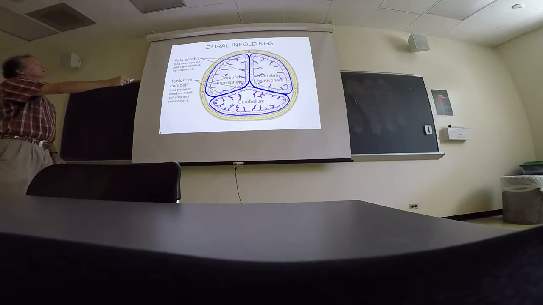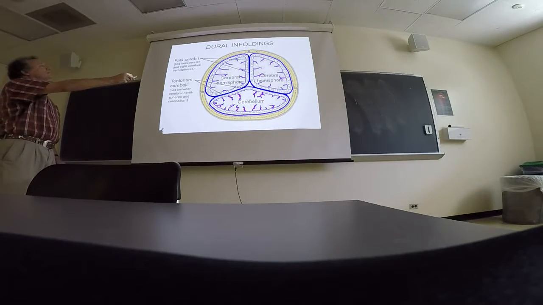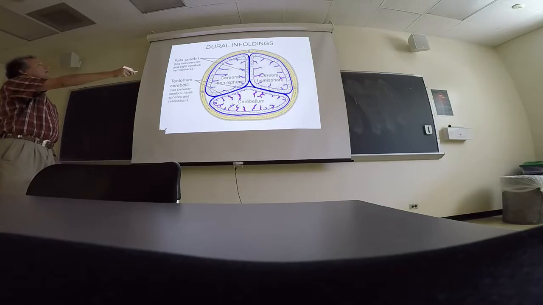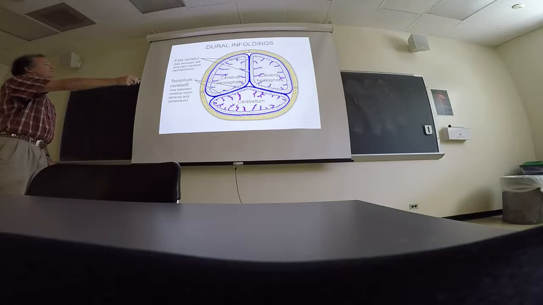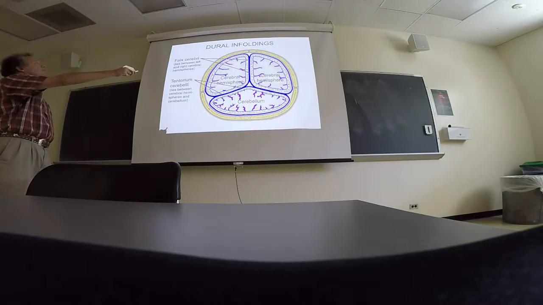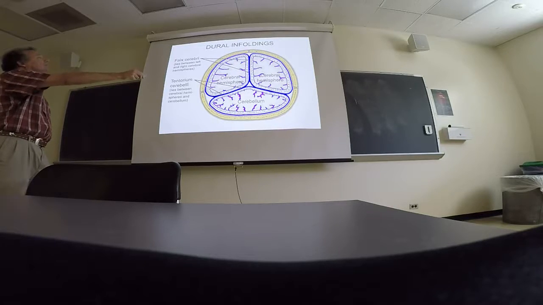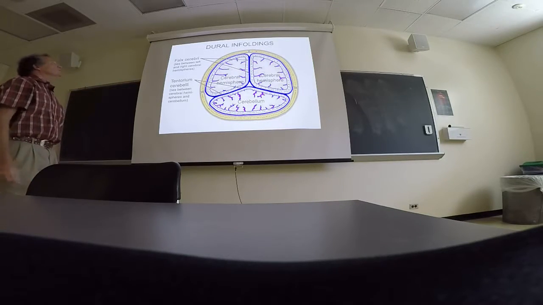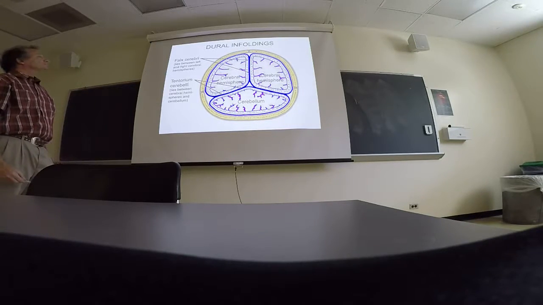So up here, your dura, in the broadest sense, is made up of a periosteal part and a meningeal part. Down here, this dura, if you want to call it that, is actually made up of two meningeal parts. So this bit of two meningeal layers together here is referred to as the falx cerebri.